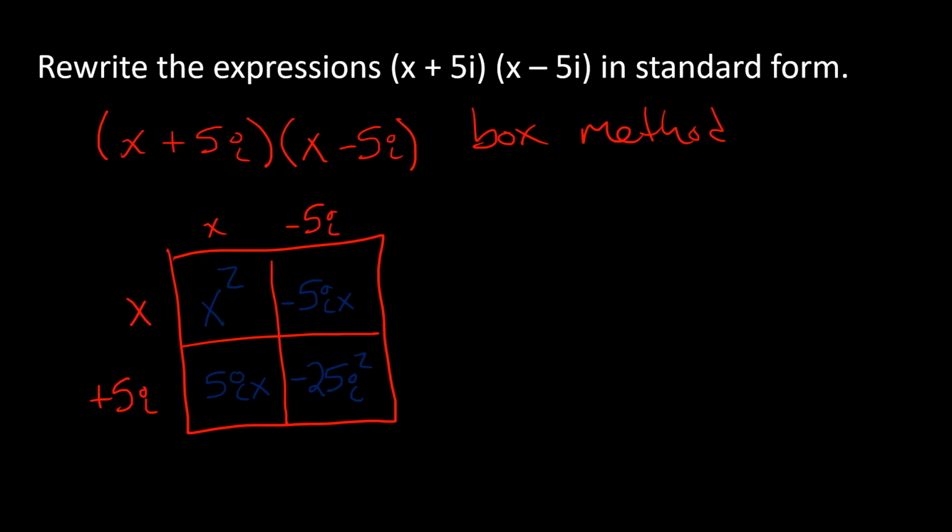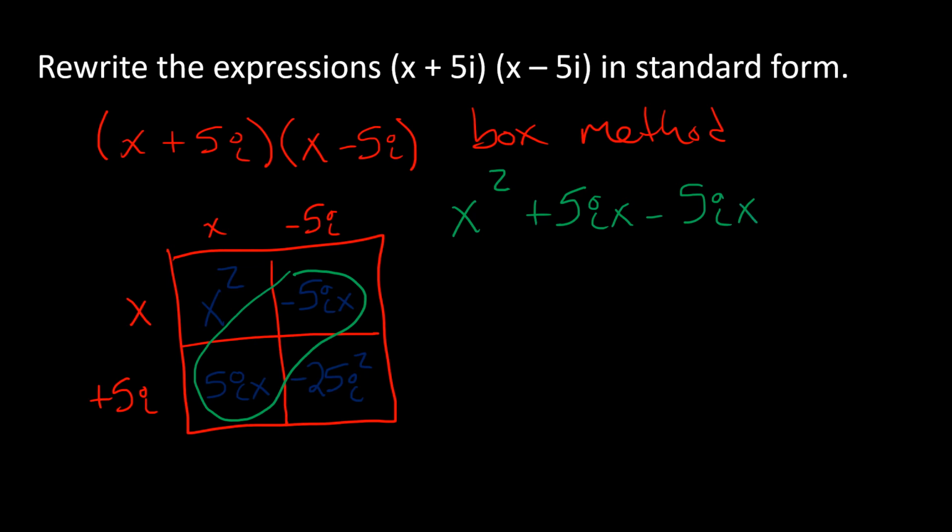We need to identify that we're going to be combining these like terms here, and I'm going to expand that just so you can see visually what's happening. We're going to say x squared plus 5ix minus 5ix minus 25i squared.